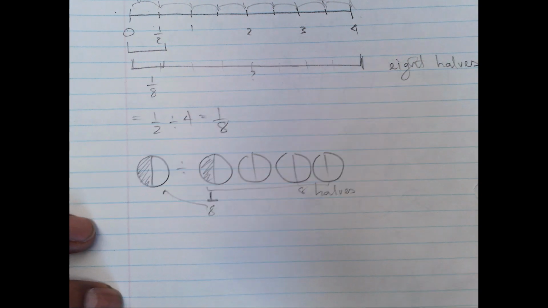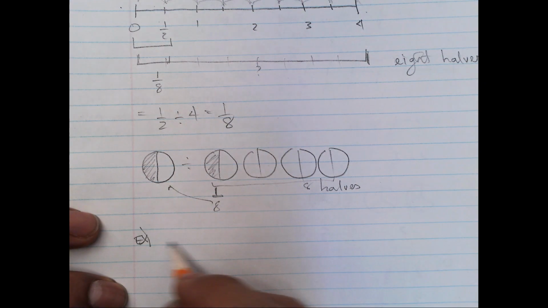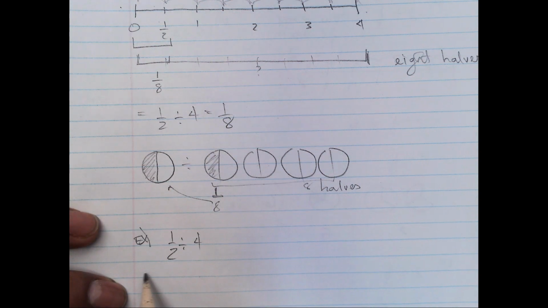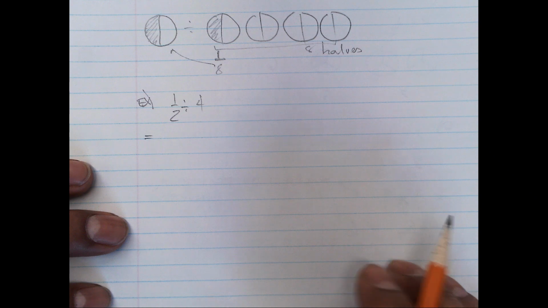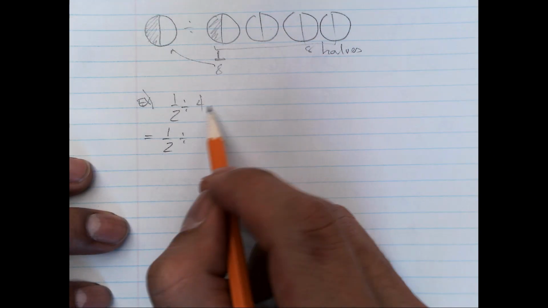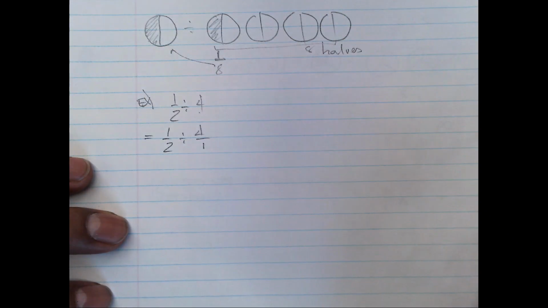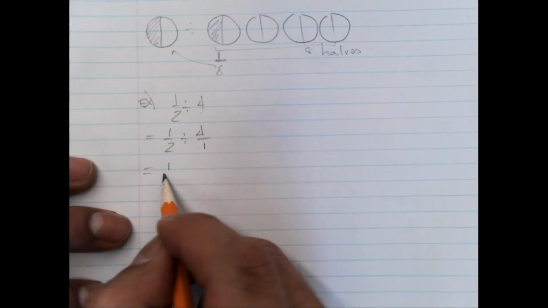Okay? So now, let's do the math. So 1/2 divided by 4. Let's see if this math makes sense. 1/2 divided by, write the whole number as a fraction over 1. And now we're going to do what step?